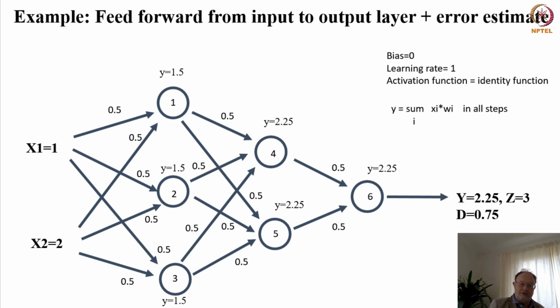The feed forward phase, where we feed input values, we have an initial setting of the same weight for every edge weight all over the network, and we calculate the output value through all the levels up to the end.